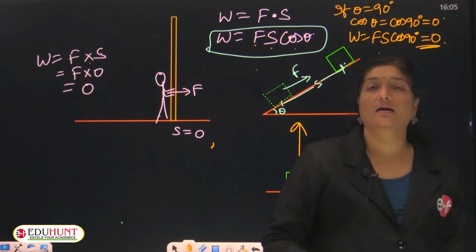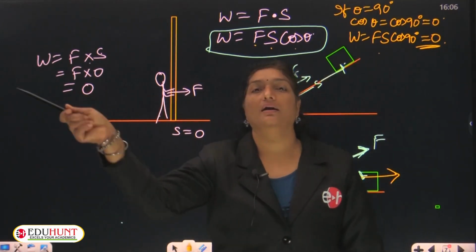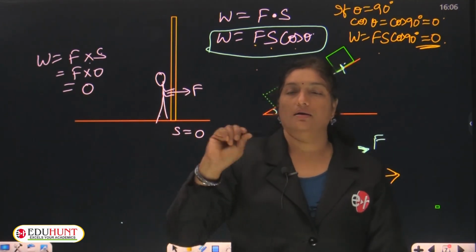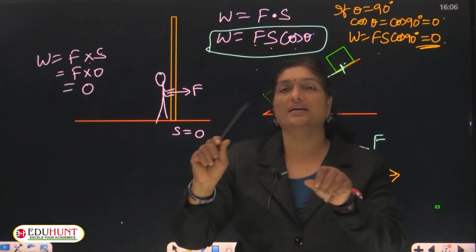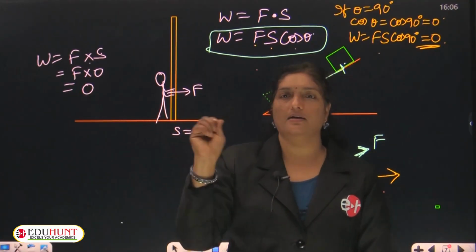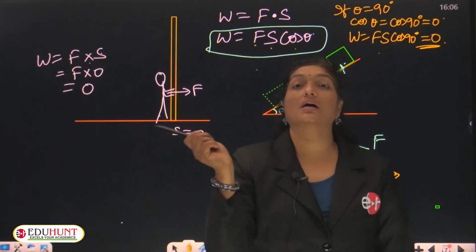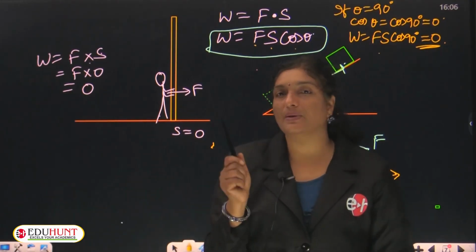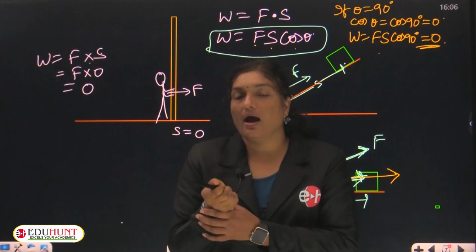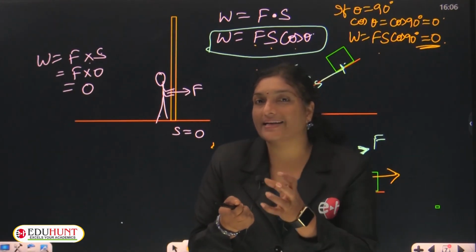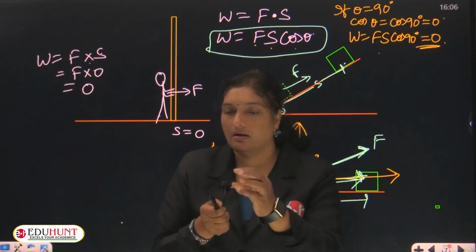Not only this, children, suppose you whirl a ball or a stone tied to a thread, and it is continuously in circular motion. Then in every case, centrifugal force is acting on the body towards the center.